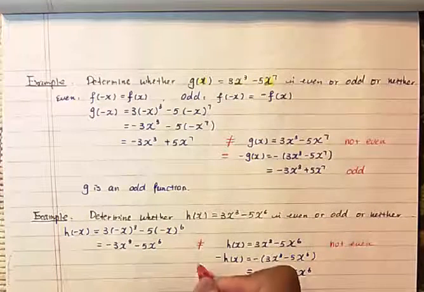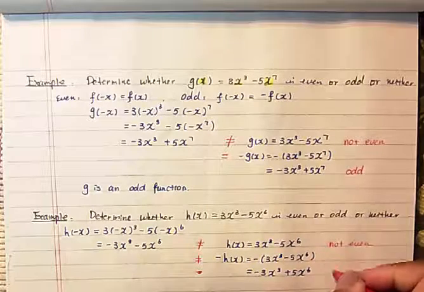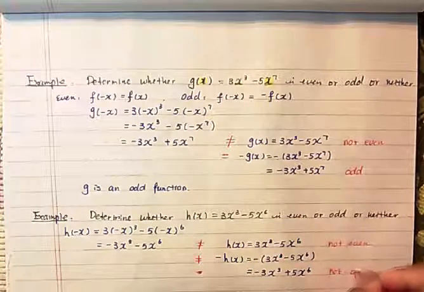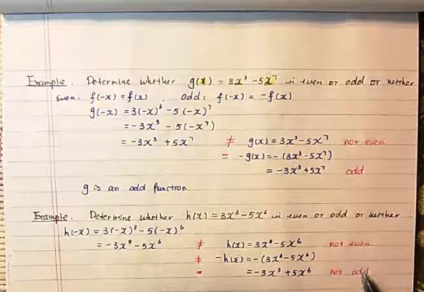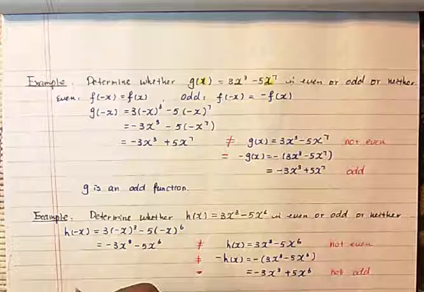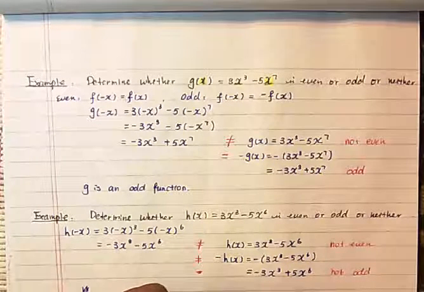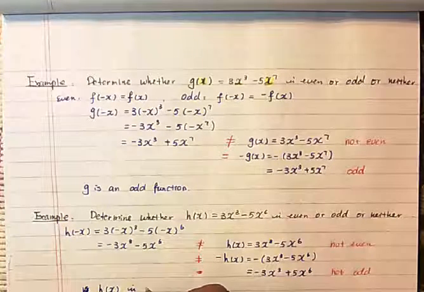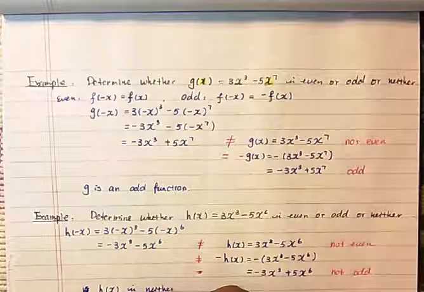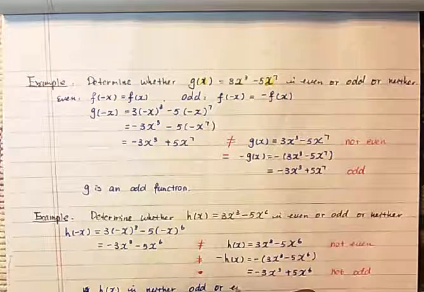So not the same, and I can conclude it's not odd. So this is not even or odd. Therefore, we say that h of x is neither odd nor even.